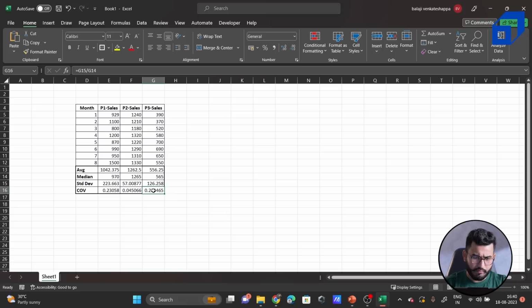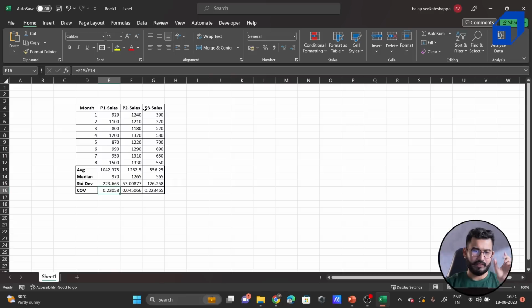While the coefficient of variation for product 3 and product 1 is approximately the same, which basically means they both are varying at the same rate. The variation is approximately the same. So you can assume that product number 3 is on the lower side and varying around that. Product number 1 is maybe second lowest and varying around that, and product number 2 is on the highest.